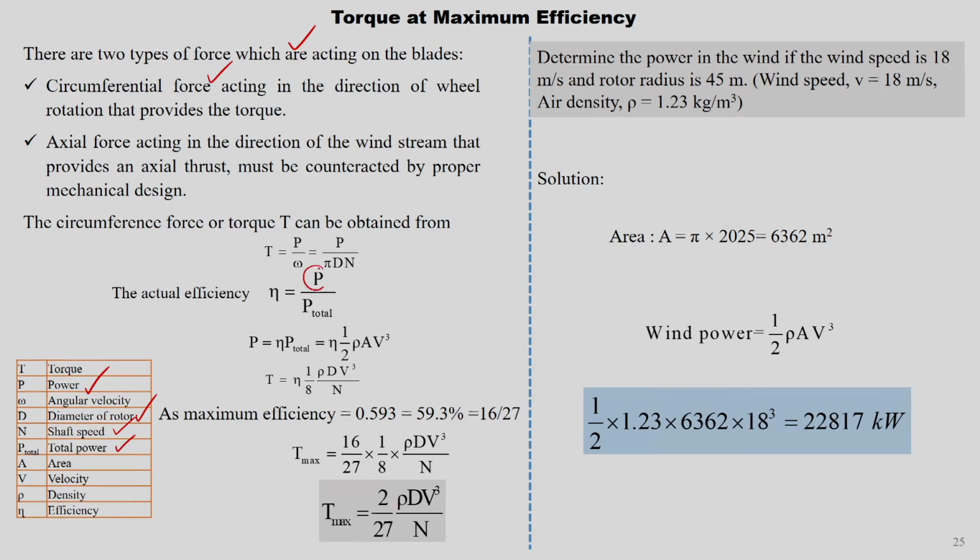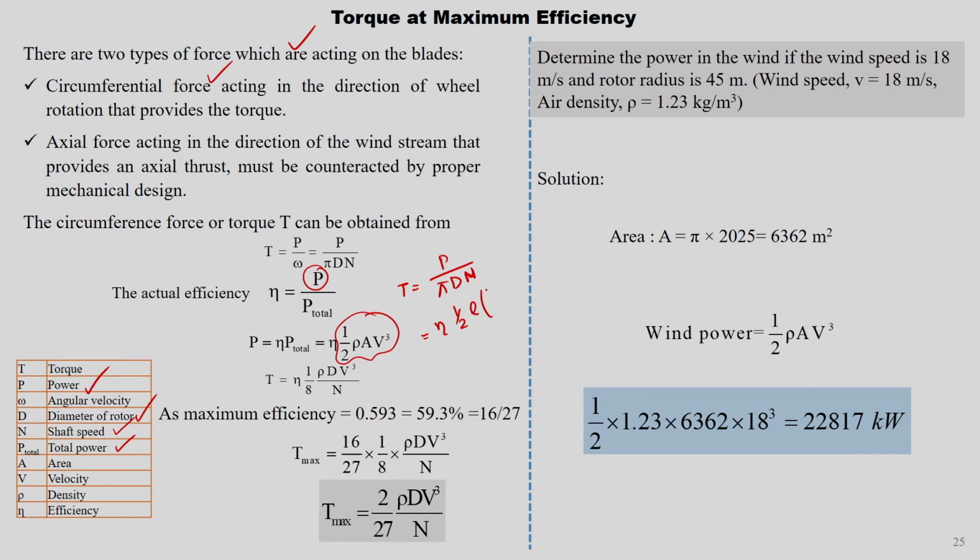So, from this, if you want to calculate P, it is P total into efficiency, and P total, the total power available, is half rho A V cube or U cube. Then T is the torque, which is equal to P upon pi d n. We already calculated P as eta times 1 upon 2 rho.